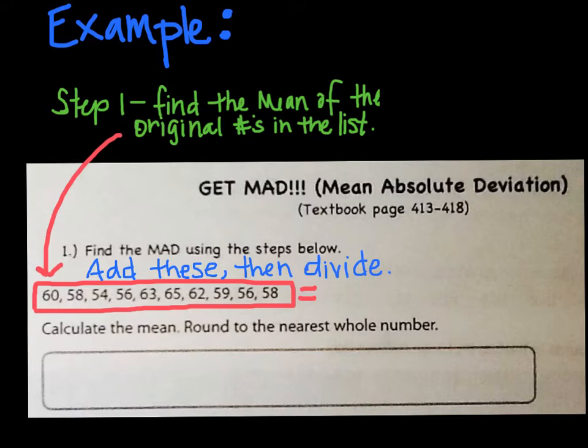So either on your own or using your calculator, we want to add these numbers together: 60 plus 58 plus 54 plus 56 plus 63 plus 65 plus 62 plus 59 plus 56 plus 58. When you add those together, you should get 591.